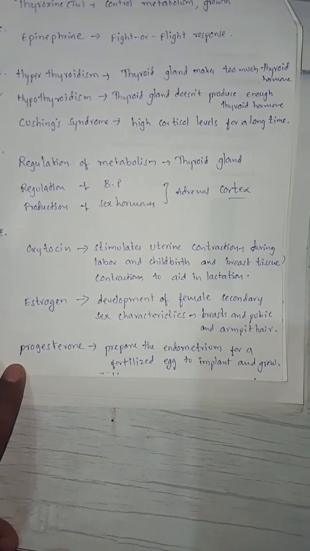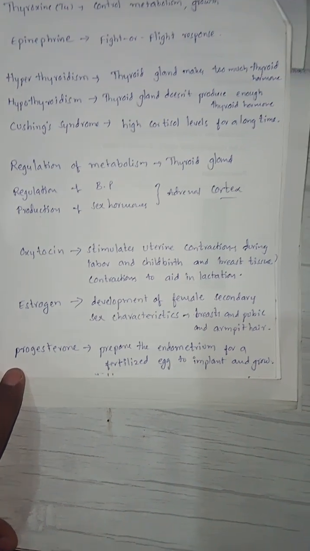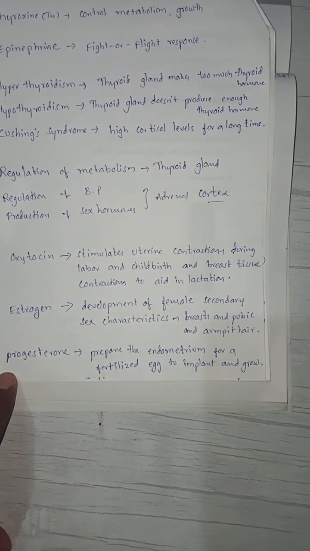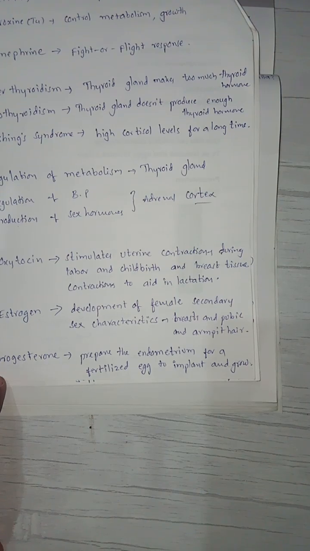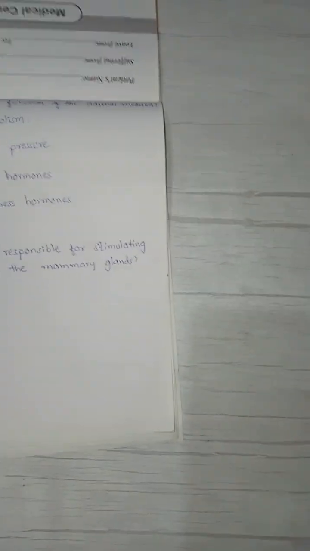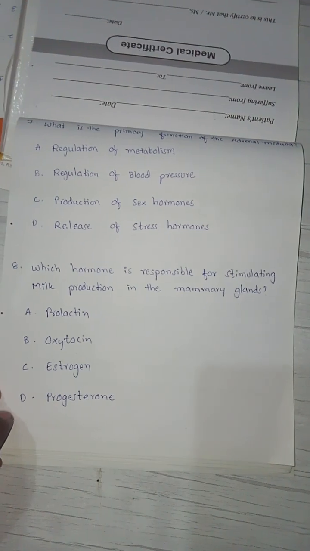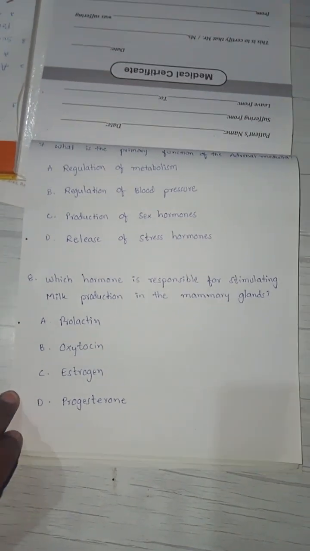And progesterone prepares the endometrium for a fertilized egg to implant and grow. So these are the functions of oxytocin, estrogen, and progesterone. Prolactin is the hormone responsible for stimulating milk production in the mammary gland.